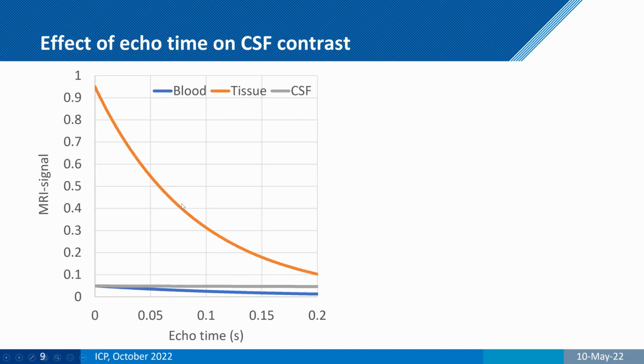And for example, one way, and that's one thing that I will be using more often in this presentation, if you're looking at how this MRI signal depends on the echo time, you can see that the MR signal in the tissue, even in such a partial volume voxel, which has 95% of tissue, a little bit of blood and a little bit of CSF, is decreasing very fast as a function of echo time.